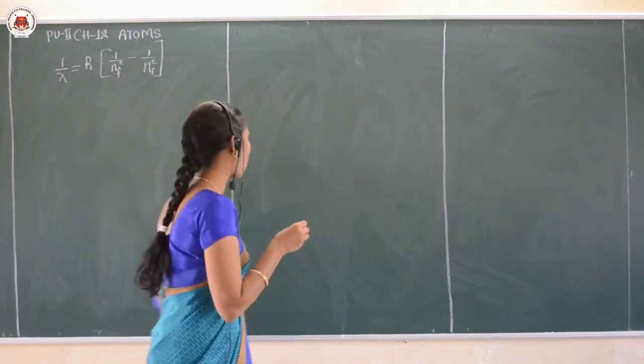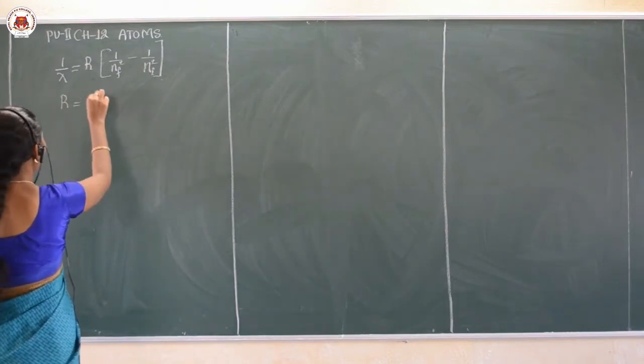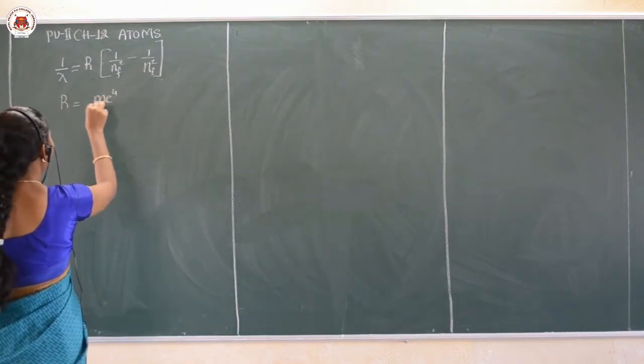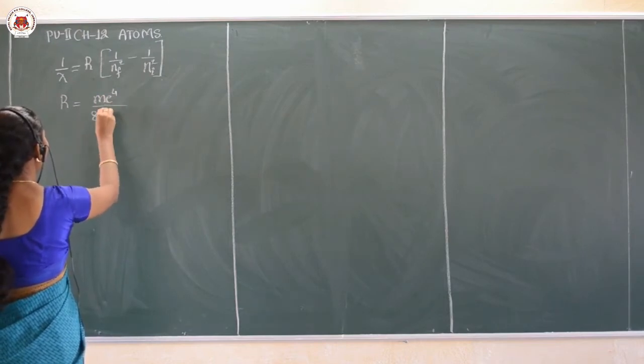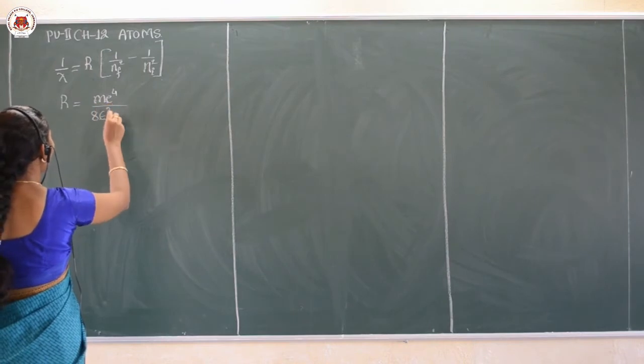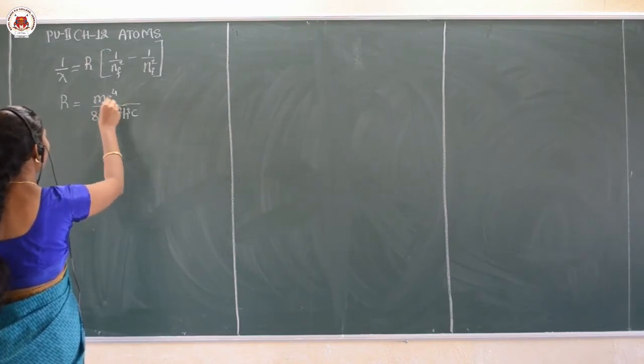So that Rydberg constant expression can be written as R is equal to m e raised to 4 upon 8 epsilon naught square h cube into c.